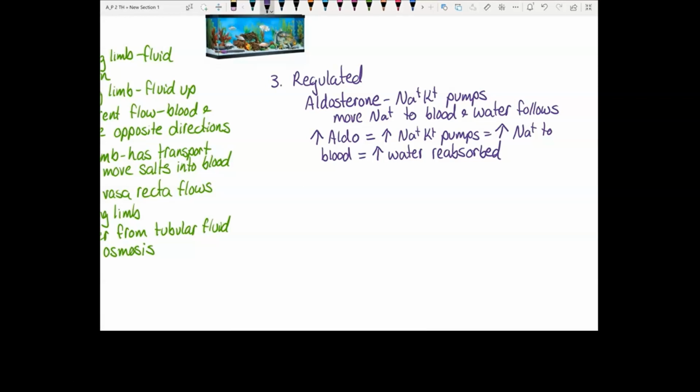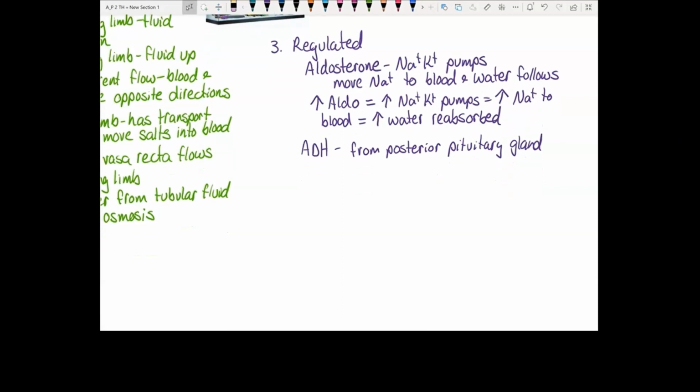The other hormone that acts here is ADH, or antidiuretic hormone. We talked about this hormone in chapter 20. ADH is from the posterior pituitary gland. It stimulates the nephron to have proteins called aquaporins.